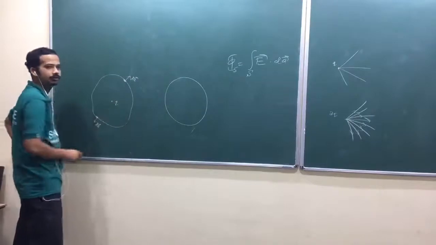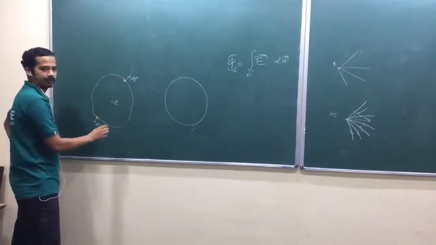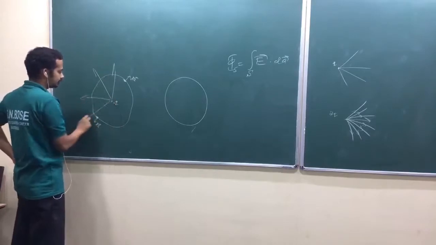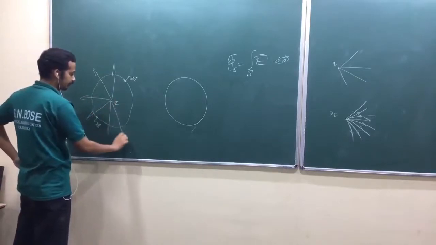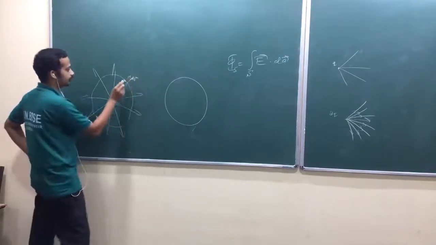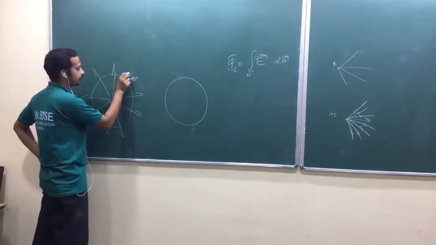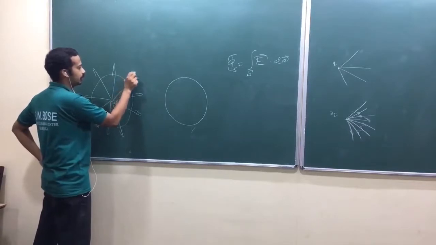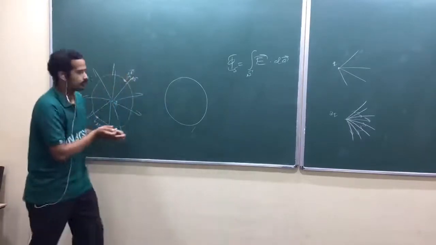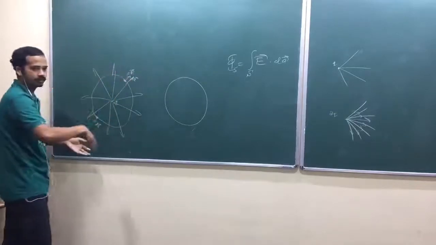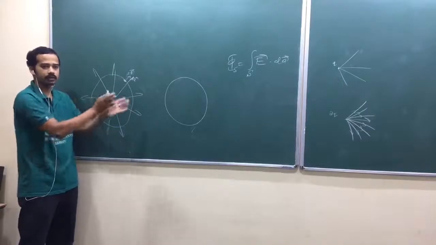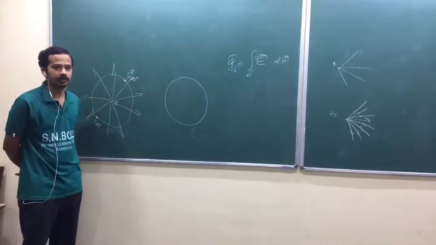Suppose I have a charge plus Q here. Obviously electric field lines are going like this. If you take a dA vector and take the dot product with the electric field, what would you get? That's an acute angle. You will get positive. The same thing will happen throughout the surface, and adding all of those positive quantities, you get net flux positive, isn't it?